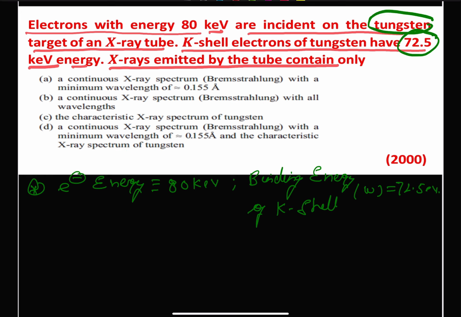And here it is talking about the continuous X-ray, and it is also mentioned here as bremsstrahlung, an entire spectrum, which basically means that high-speed electrons, when they are decelerated by the target, result in a range of X-ray wavelengths.